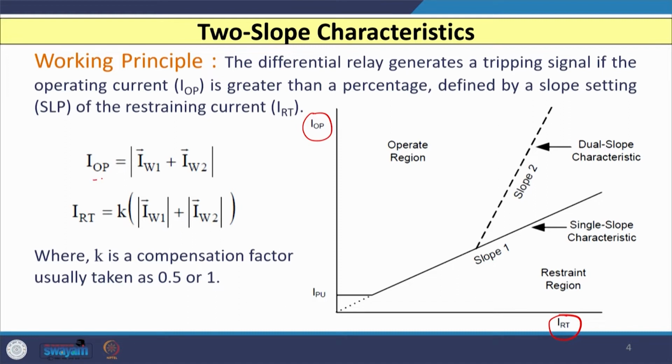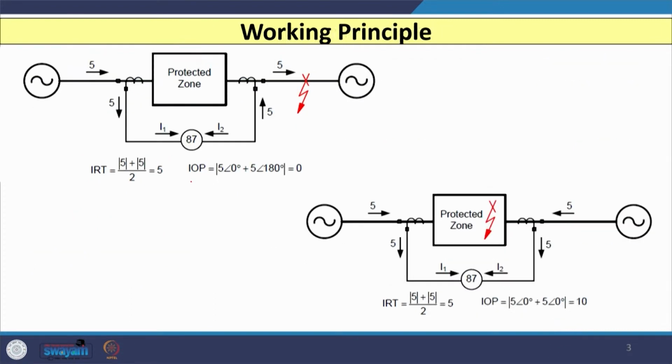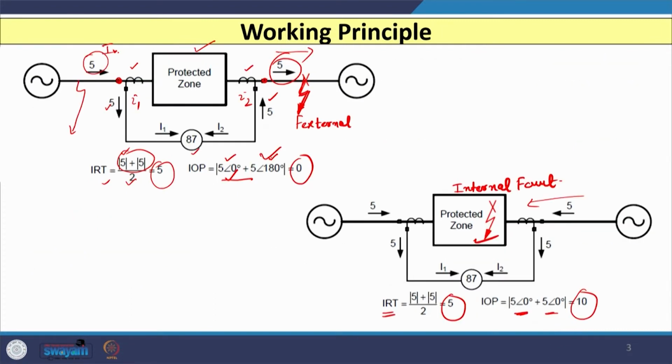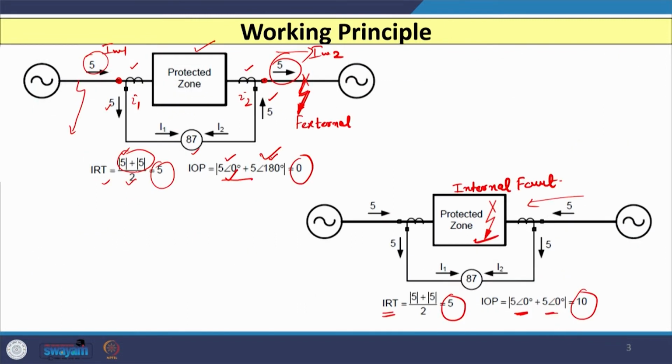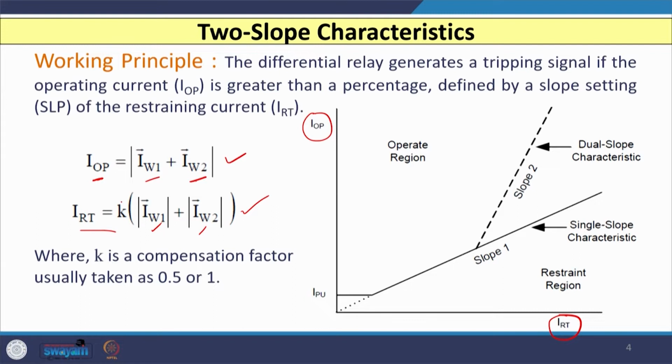Your operating current is the addition of two currents, where I consider this as IW1 and this as IW2. In a generalized way, the restraining current is the scalar addition of IW1 and IW2. Instead of writing this 2, I have written K. This K is the compensation factor.